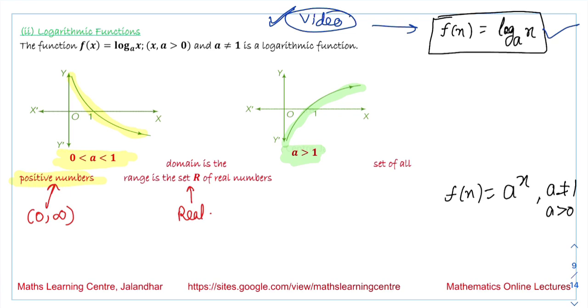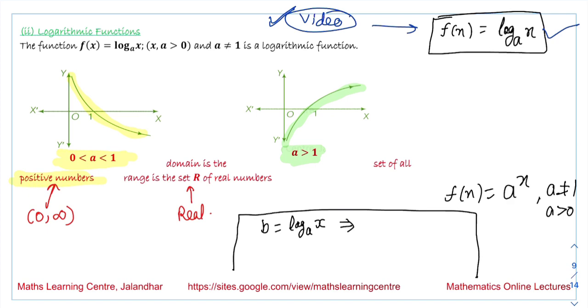So just for the sake of completeness of this video, I give a little bit of explanation of log over here. Suppose we have b is equal to log_a x, then what this means is a raised to the power b is equal to x. Now if we talk about the exponential function, y is equal to a raised to the power x.